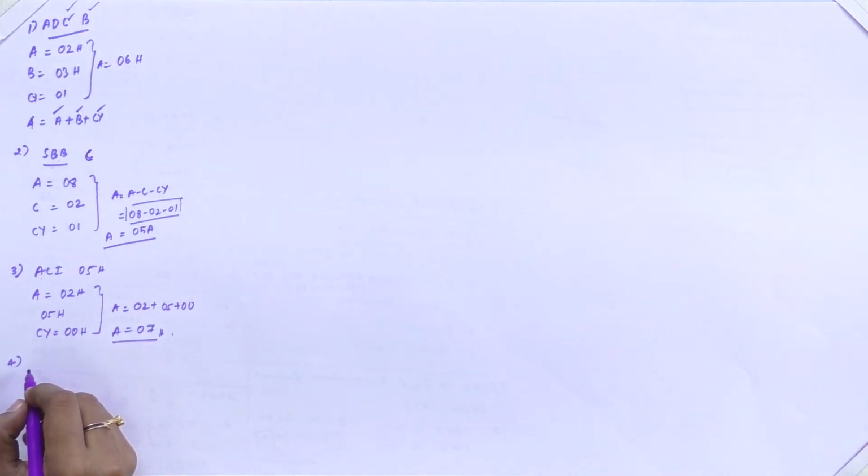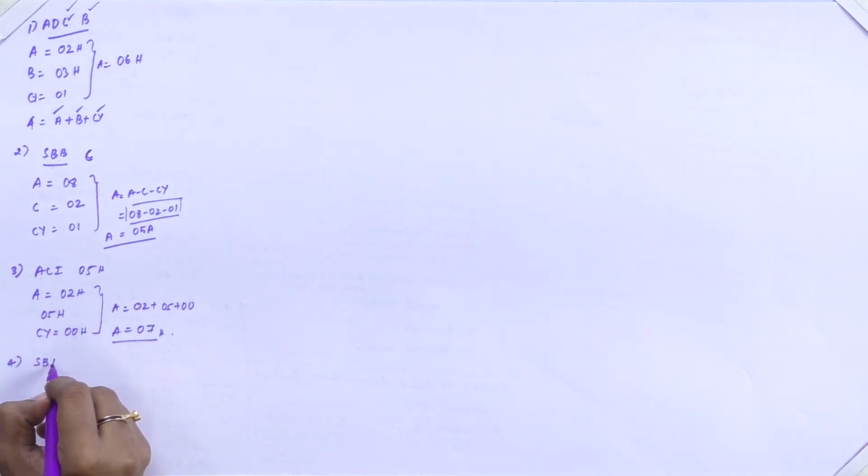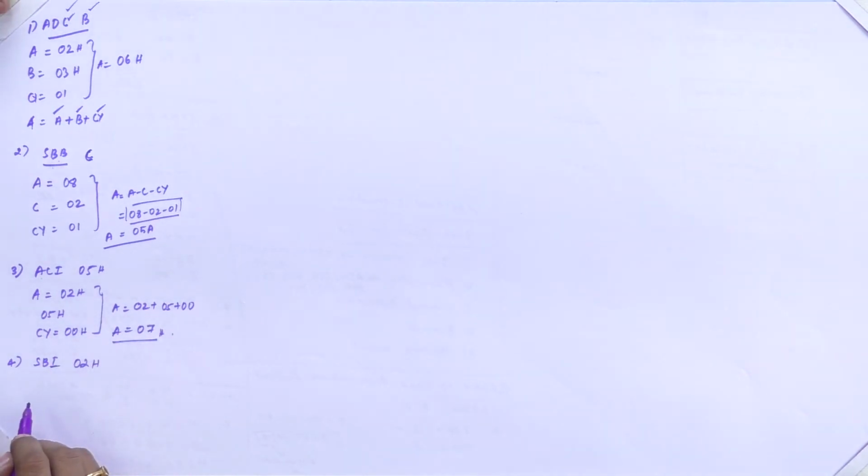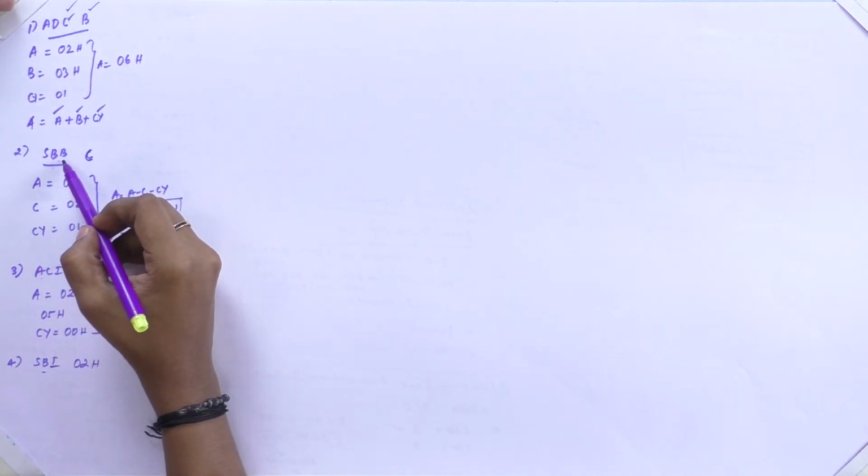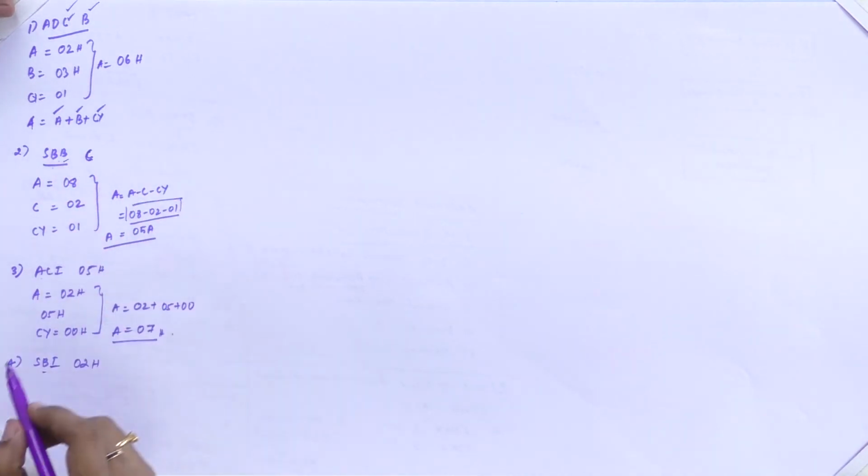And the fourth operation is SBI, that is subtract with borrow immediate. It means that the immediate data will be subtracted. Let us say 02H will be subtracted from the content of accumulator and along with the carry value. Here the borrow refers to the carry bit. In SBB also the borrow refers to the carry bit.